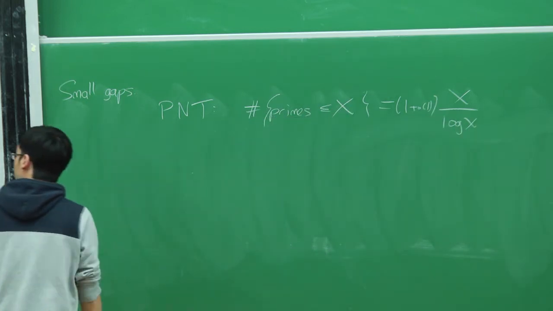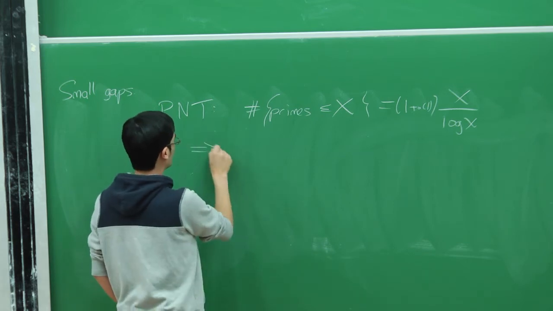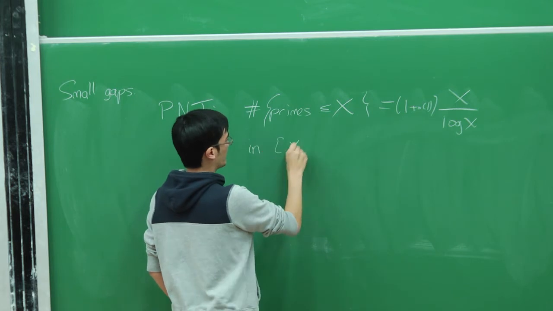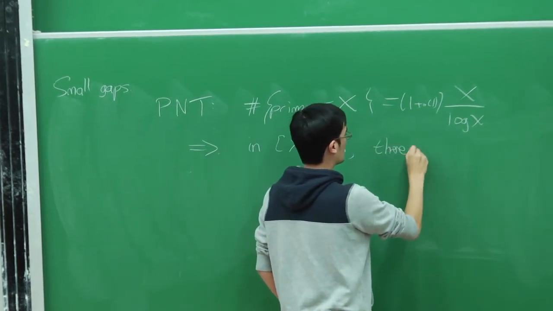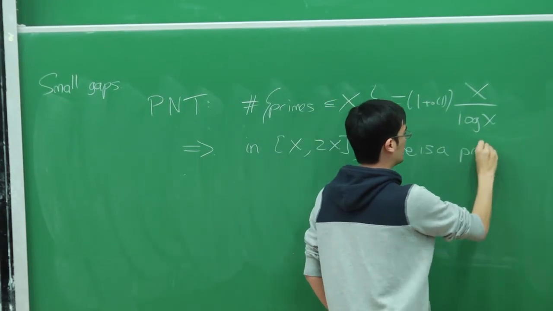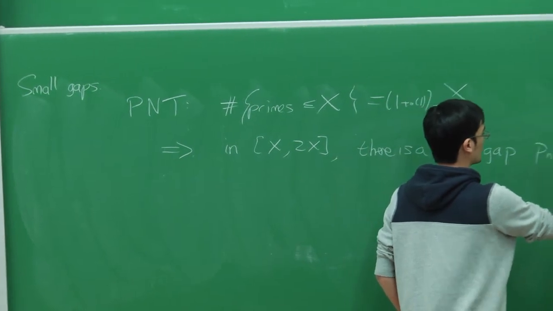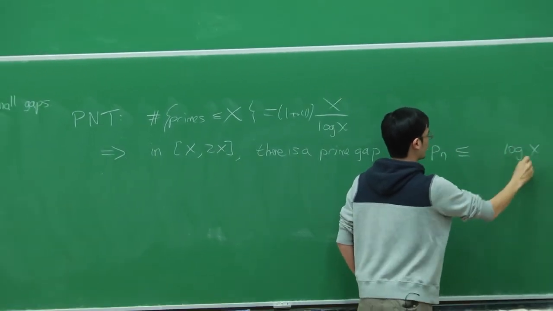And this already gives you some control on prime gaps. This tells you that inside any large interval, say x to 2x, there's a prime gap of size at most log x up to an error.